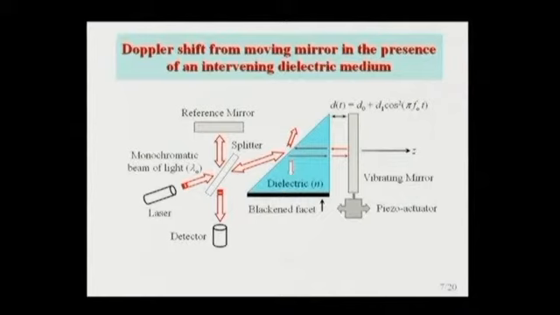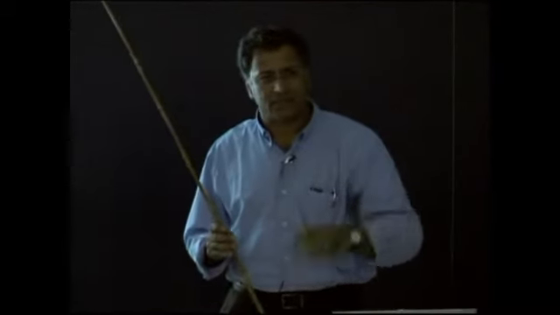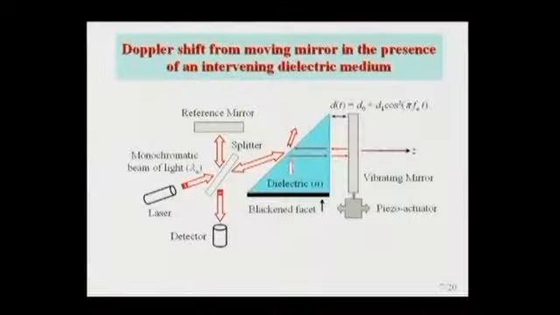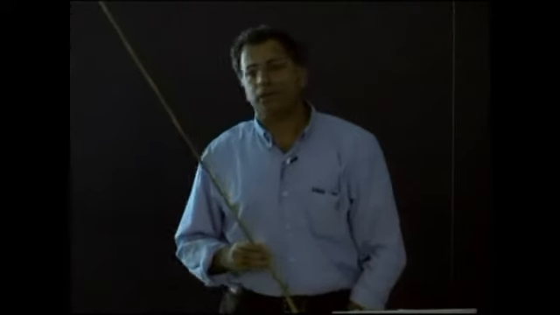So a fraction of the light gets reflected, the rest goes through, interacts with the mirror, but on the way back, there's a fraction of the light that's reflected this way. So now you have to worry about this, and if you put a black surface here, or just grind the surface, scratch it to get that light scattered out, one way or the other, you get rid of this light. So now it's just like having anti-reflection coating on the mirror.